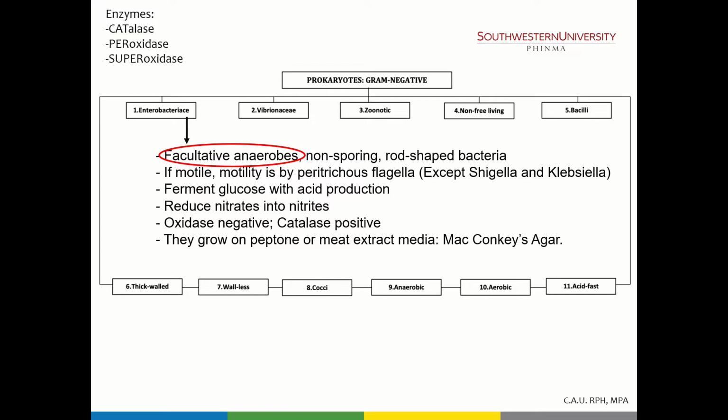But because there are enzymes that help bacteria live with oxygen, they can live in its presence by catalyzing the breaking down of different substances. These enzymes are catalase, let's abbreviate it as CAT, peroxidase, or PER, and superoxidase, or SUPER.